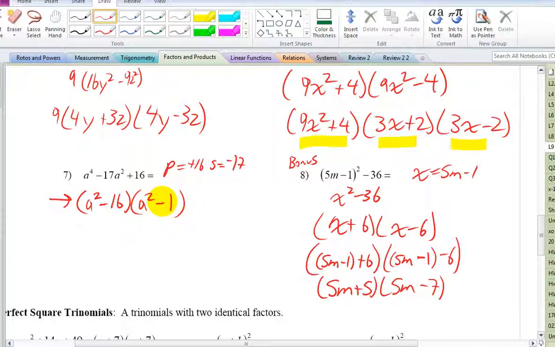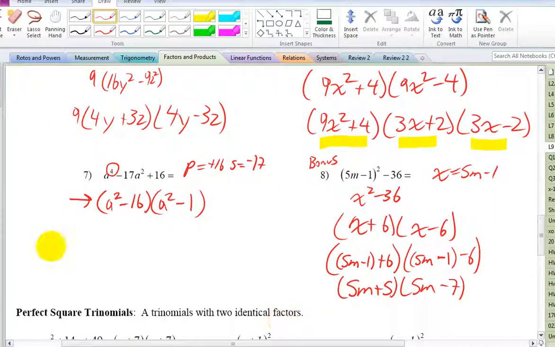A squared minus 16, a squared minus 1. So we start with an A4. That means the factors of A2, a squared. But what do you notice about each factor? You can factor again. Go ahead, factor one more time. So this one will have 4 factors.